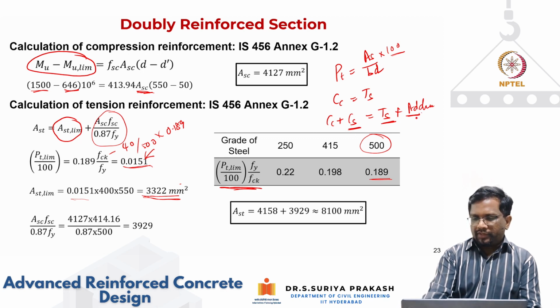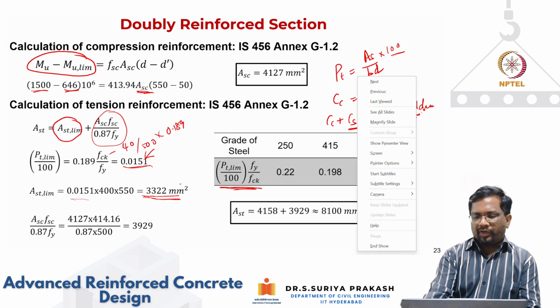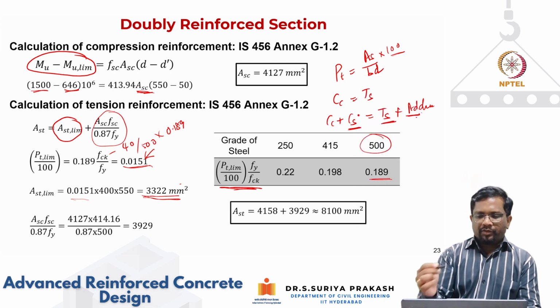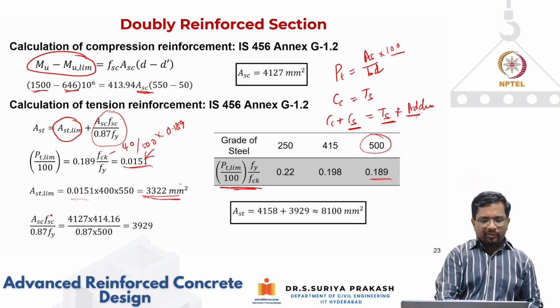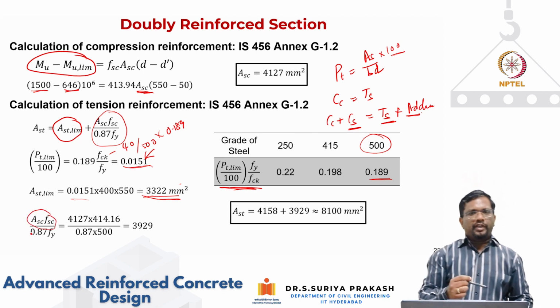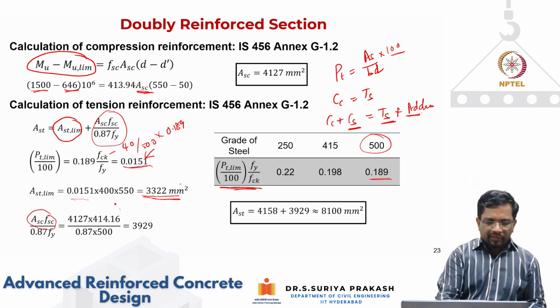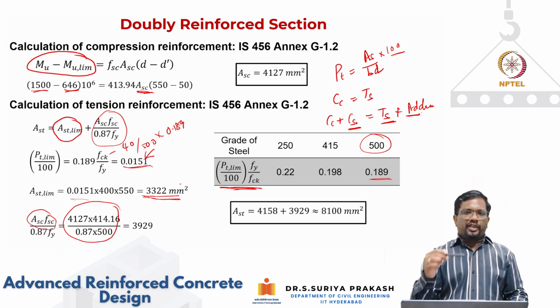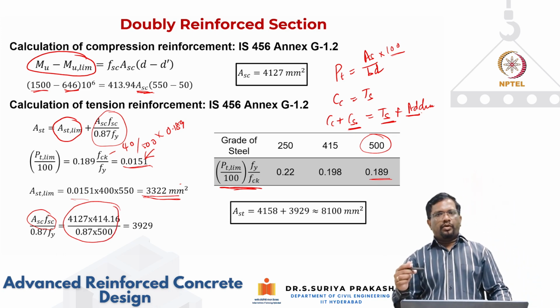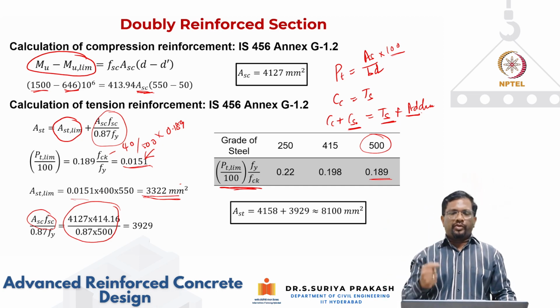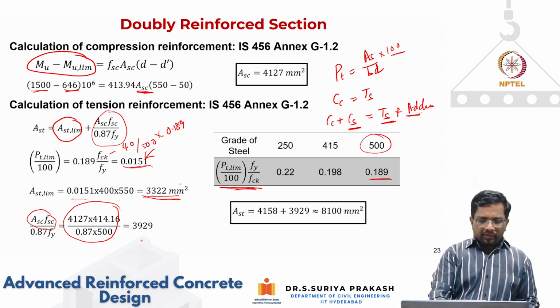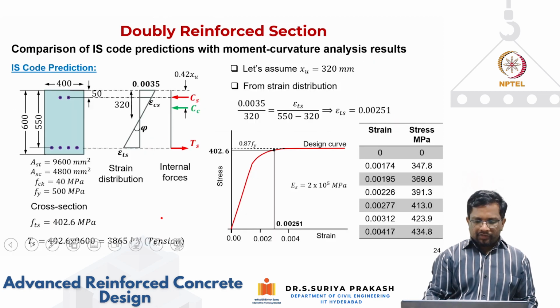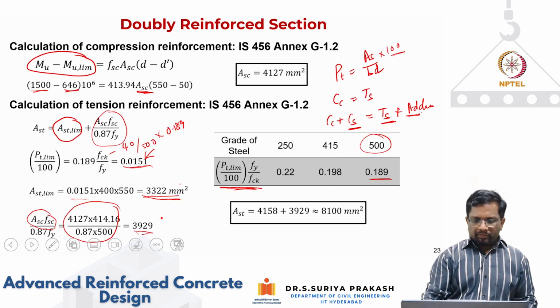What we are doing is Ast multiplied by 0.87 fy should be equal to Cs, where Cs is Asc multiplied by fsc. When I divide by 0.87 fy, this is the amount of additional steel that is required to satisfy the force equilibrium of the compression force coming from your compression steel. Then when you do that, you get 3929 mm squared.